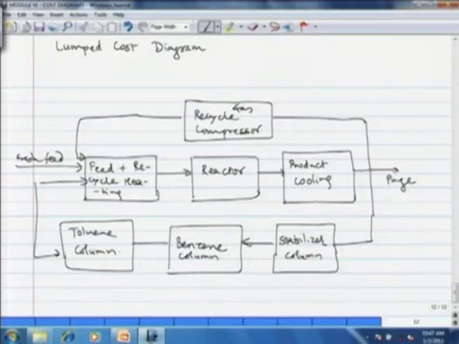Now this is our lumped cost diagram where we have listed 7 major operations in the process and connected them in the proper order.